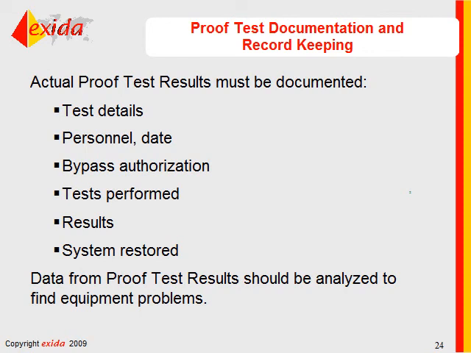So that is something to keep in mind when we talk about proof test coverage. For example, if you have a situation where a plugged impulse line is a big issue, then arguably the proof test coverage number that the manufacturer provides only talks about the effectiveness of the test on the transmitter. It doesn't talk about the effectiveness of your test on the impulse line or your ability to clean out those impulse lines. So keep that in mind as well.